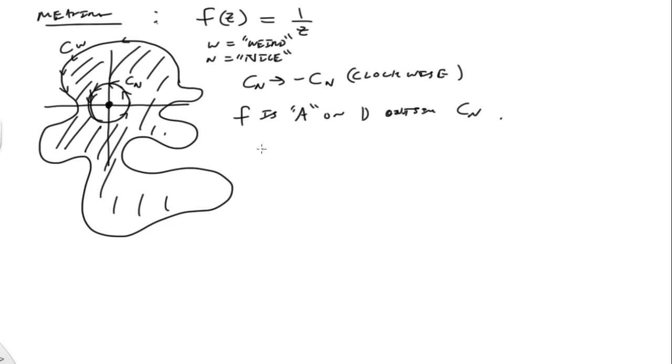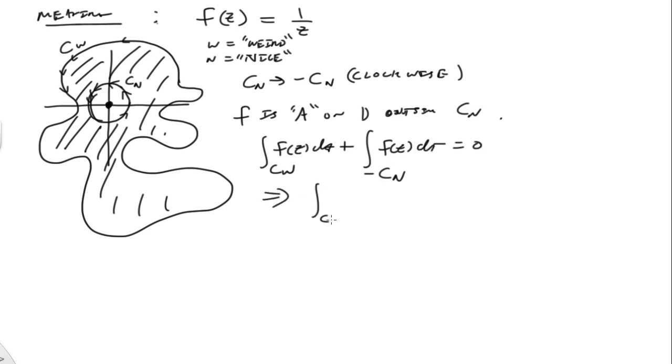And because of that, I can write down the theorem: the integral over C_W of f(z) dz plus the integral over negative C_N of f(z) dz has to be equal to 0, which then implies that the integral over C_W, the weird contour, is equal to the integral over C_N, because of course I can make this a positive orientation and make that a negative there, right? And that's the way it always works. If I go in the opposite direction, the integral just becomes negative, and then I can move it over to the other side, f(z) dz.